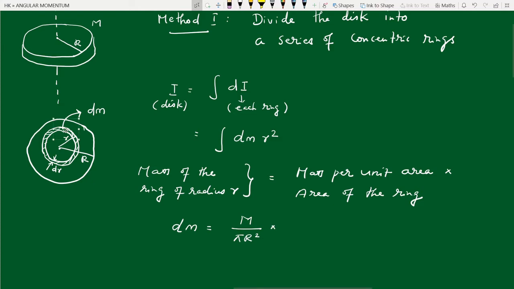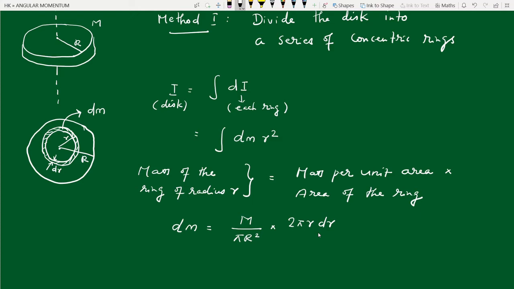Its radius is r, thickness is dr. So if the radius is r, the circumference is 2 pi r, and the thickness is dr. So the area of the shaded region is 2 pi r into dr: circumference into thickness. That is the area of the ring.